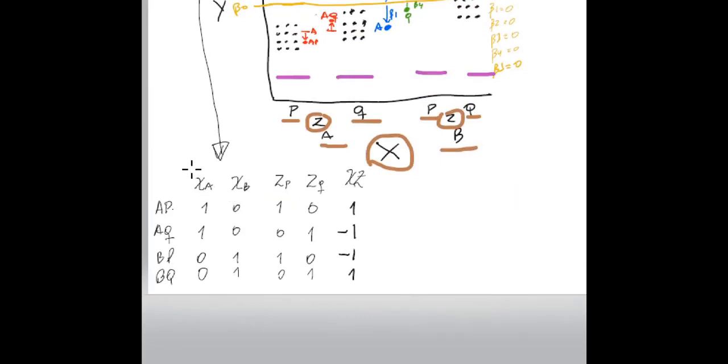So, for XA, that dummy variable will be 1 for groups in which A is true. So AP, we've got 1. And AQ, we've got 1. So these are the groups that went through the Venn diagram.